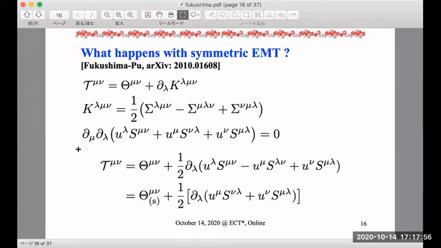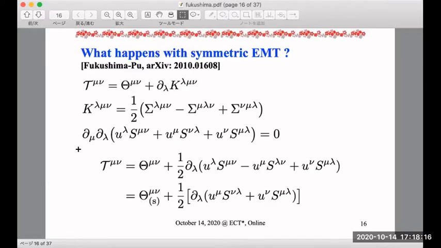What are those? I think you need to first fix what the dynamical equations are in your formalism. Firstly you have T mu nu, so you have the conservation law for T mu nu, and you also have the total angular momentum conservation law, and you have the six additional equations of motion.